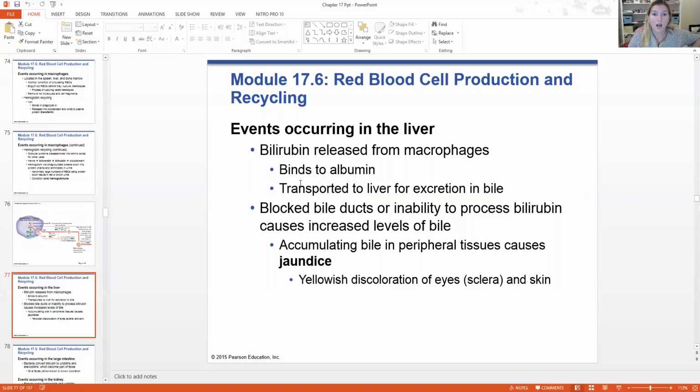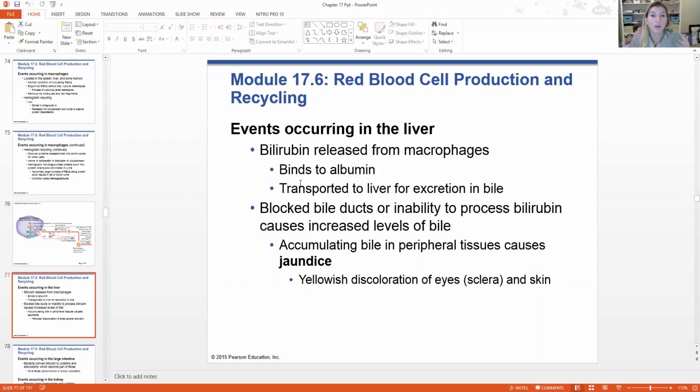So bilirubin can be released from the macrophages. It binds to a protein called albumin. Albumin is one of our plasma proteins. Goes out into our bile, and the bile is released in our digestive system. So any blocked bile ducts or the inability to produce bilirubin can cause increased levels of bile in our blood.